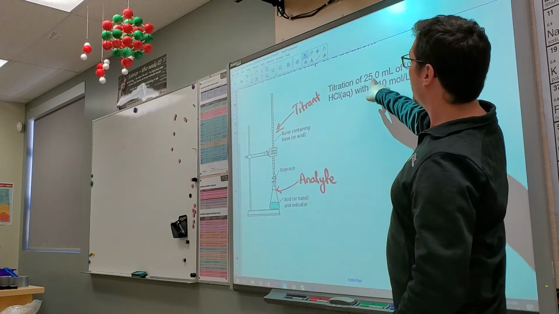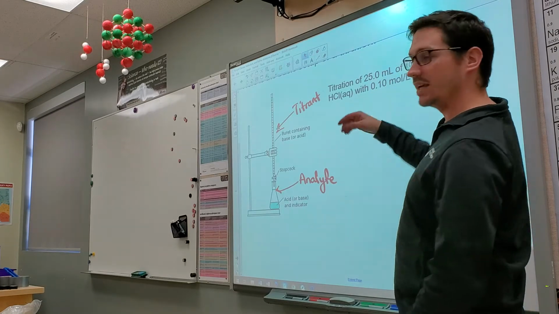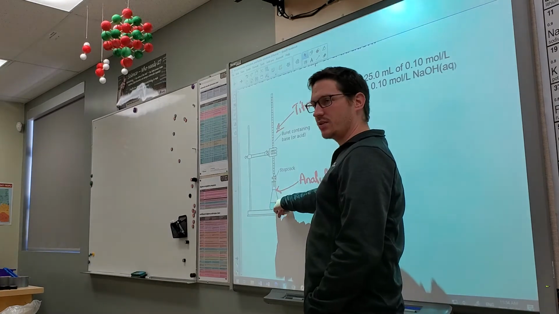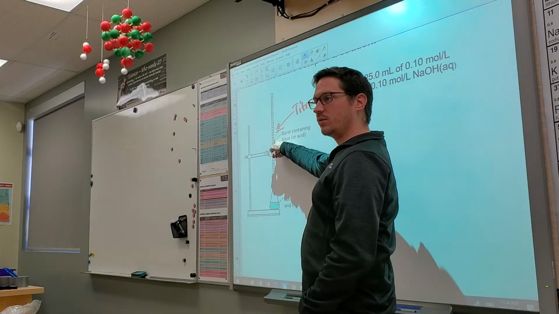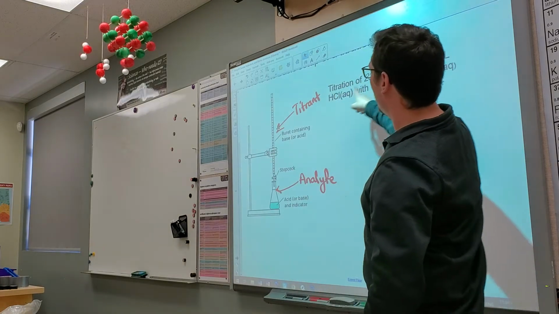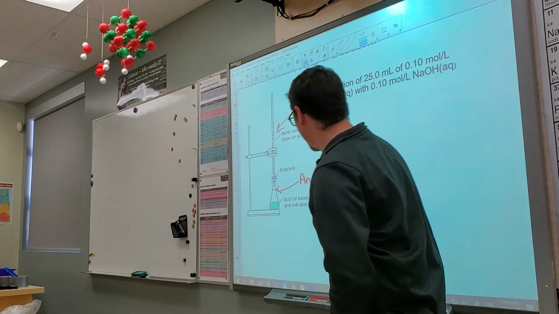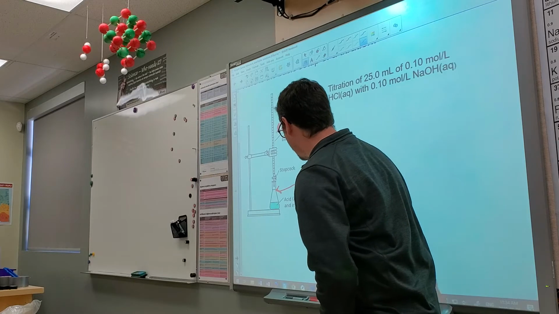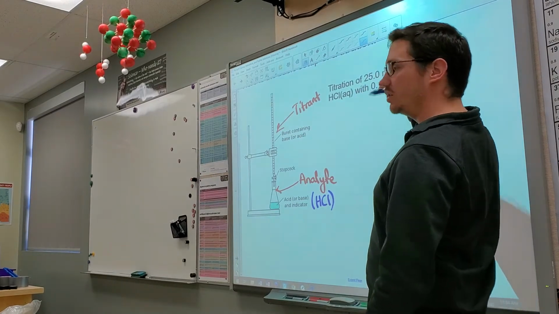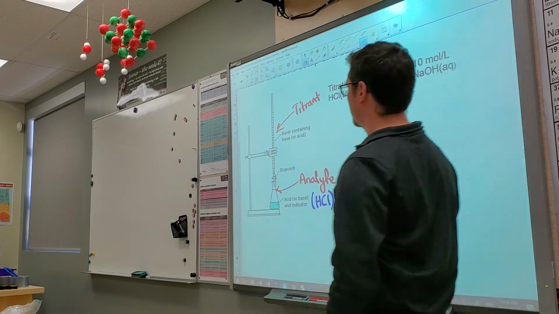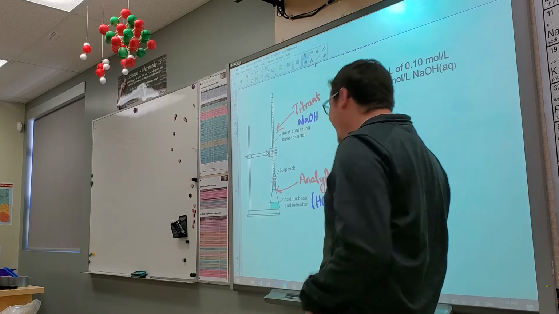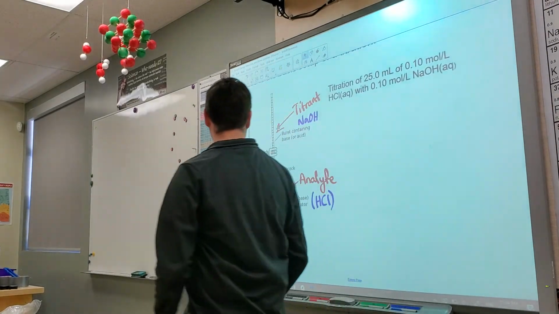The titration of 25 milliliters of this, if we're titrating something, this is the thing we're titrating, this is the thing we're titrating with, okay? So the titration of hydrochloric acid, in this case, with our titrant. You always titrate a sample with a titrant. So this is sodium hydroxide, in our example, just the way it's written out there.